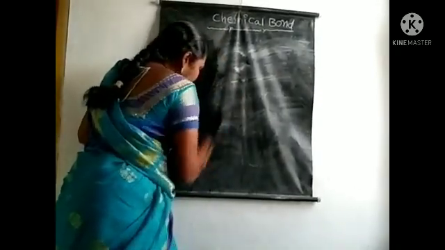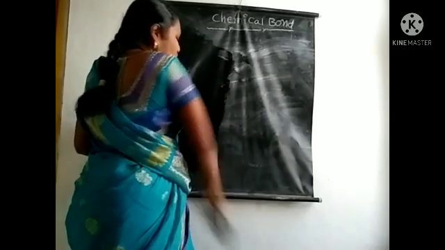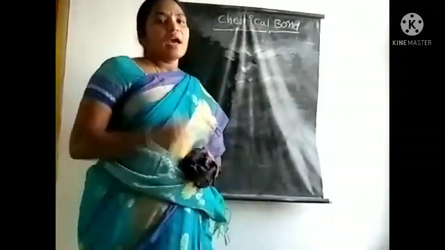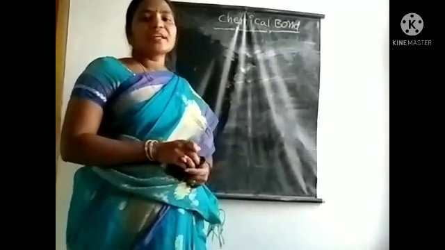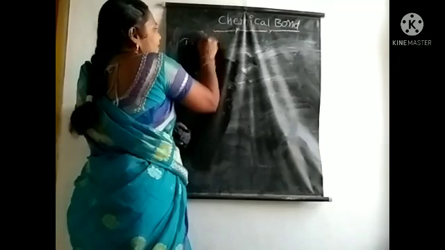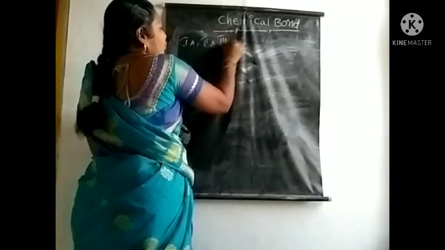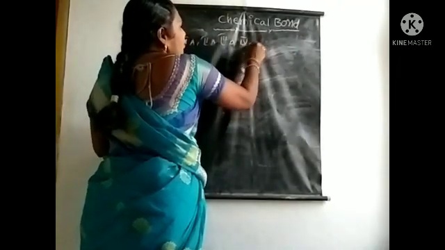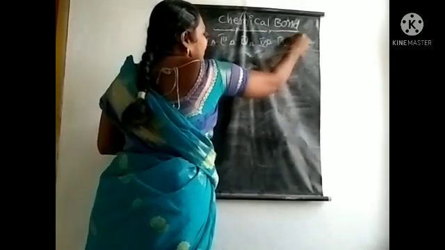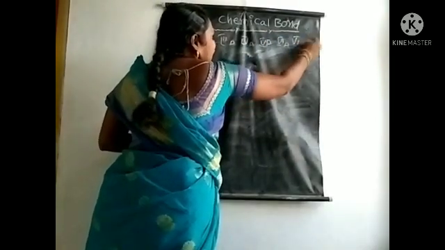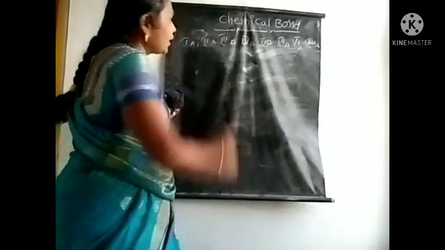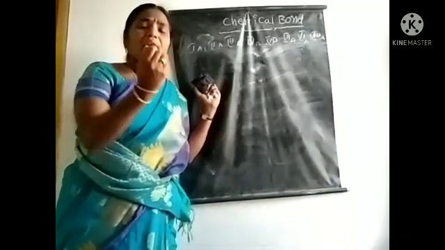Now observe the behavior of elements in the periodic table. In the periodic table, we have first A group elements, second A, third A, fourth A, fifth A, sixth A, seventh A, eighth A. Let us observe some elements.